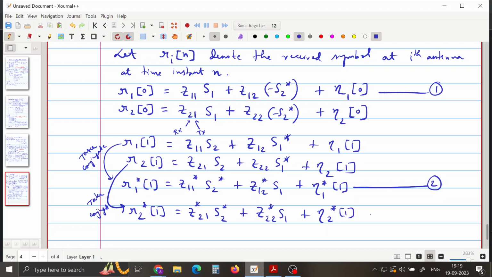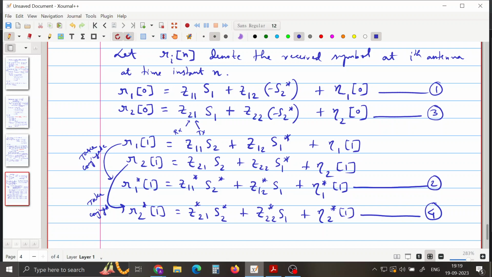Before that, I will call the earlier equation equation 3, and this one equation 4. There's a reason why I'm labeling in this sequence. So 1, 2, 3 and 4.